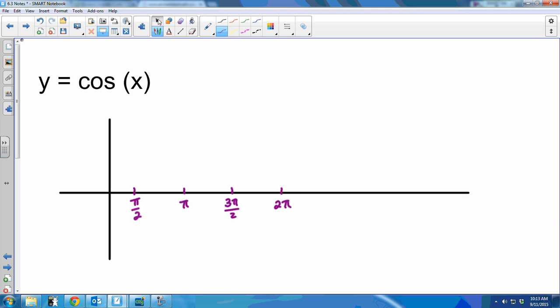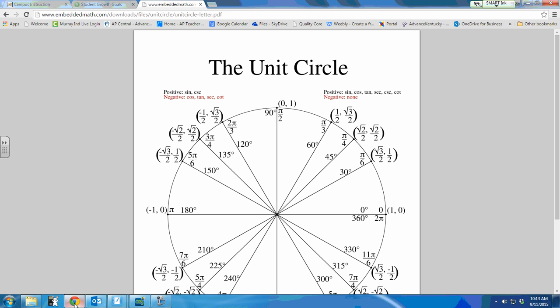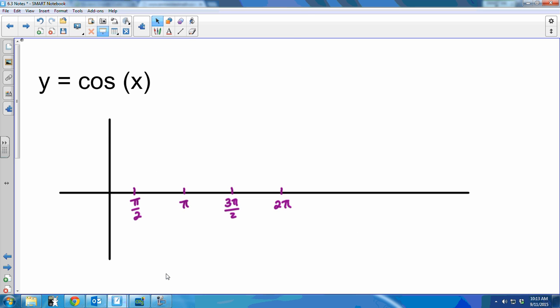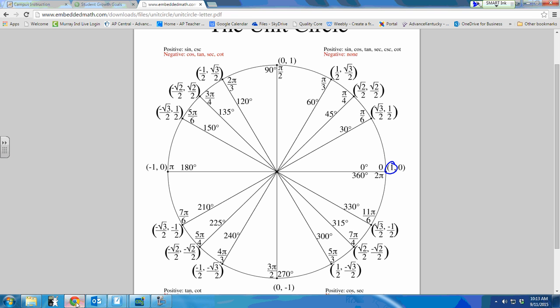So for cosine, at 0, cosine is 1, right? So in this case, our graph, we're going to start at 1. At pi over 2, cosine is 0.